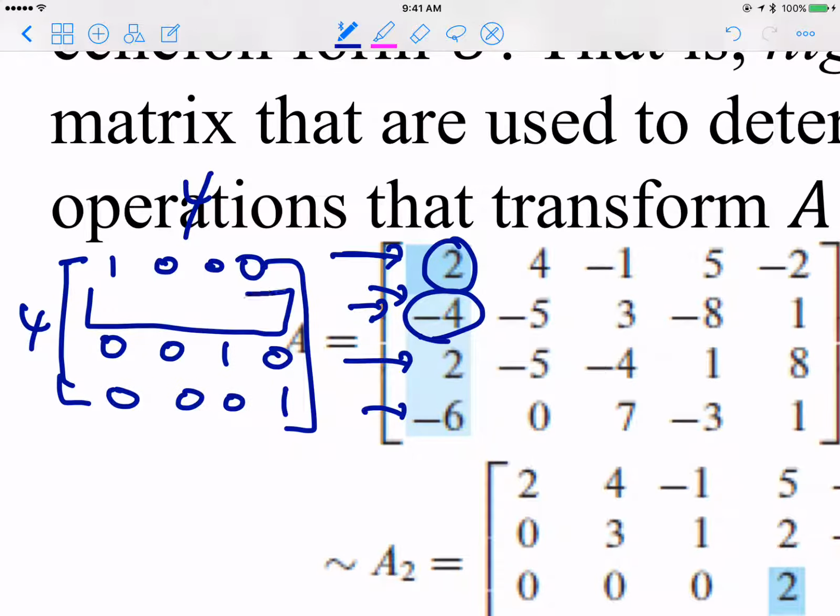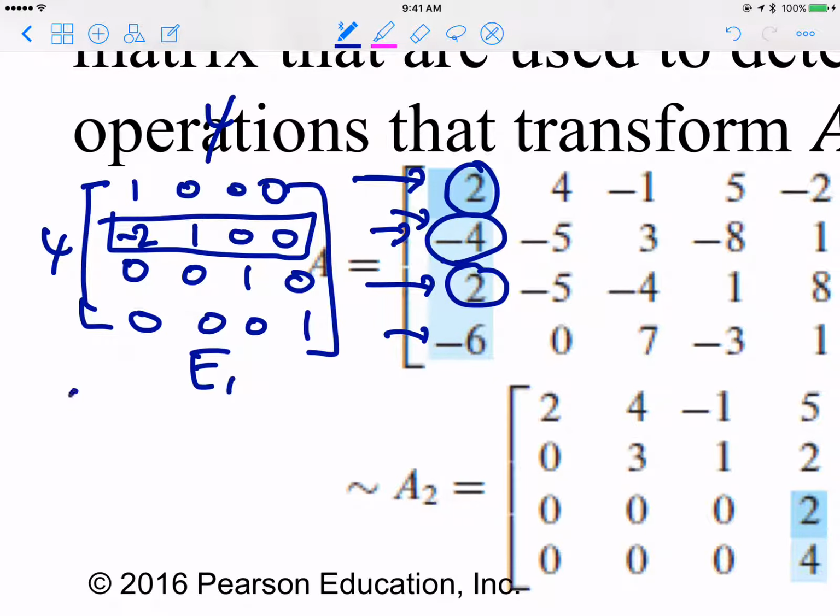Okay, so let's fill this second row. Minus 2, 1, 0. Yeah, you guys are good. So this one will be our first row, and then let's try to remove this guy. As a next step, what will be the matrix?